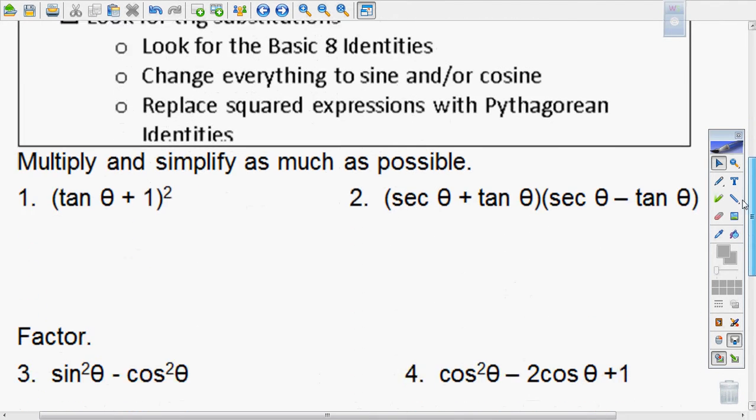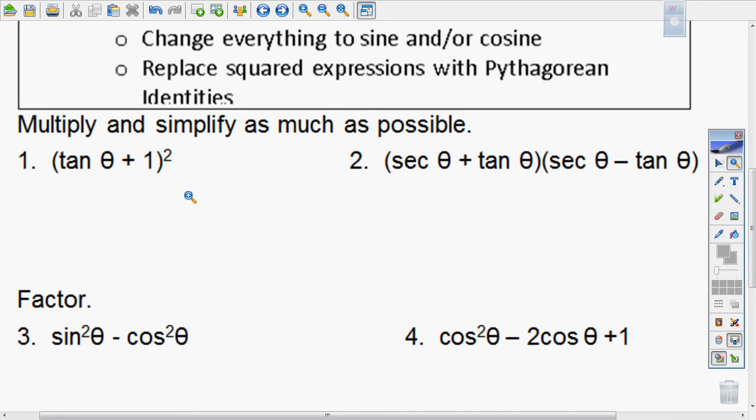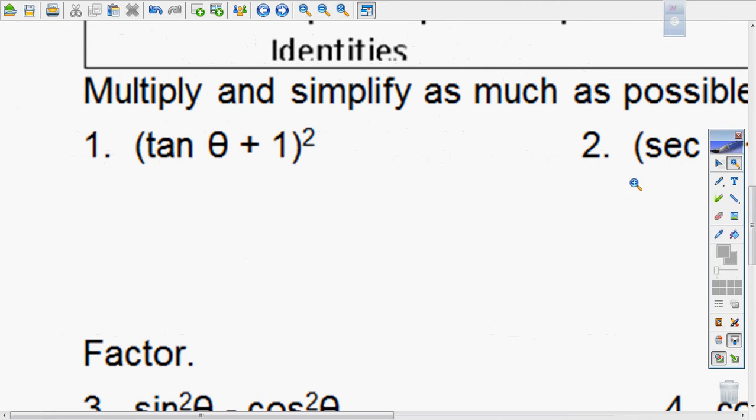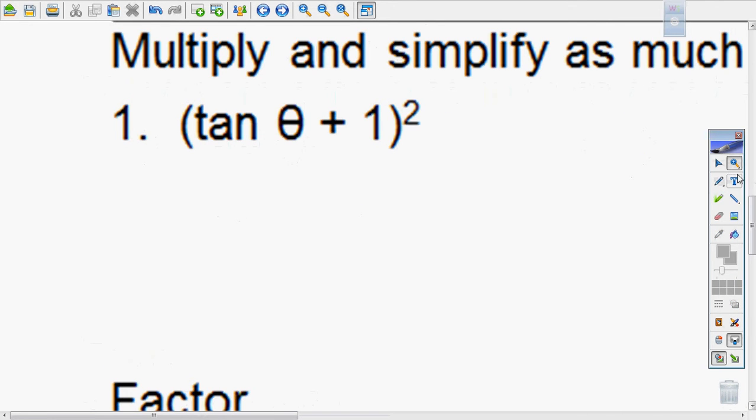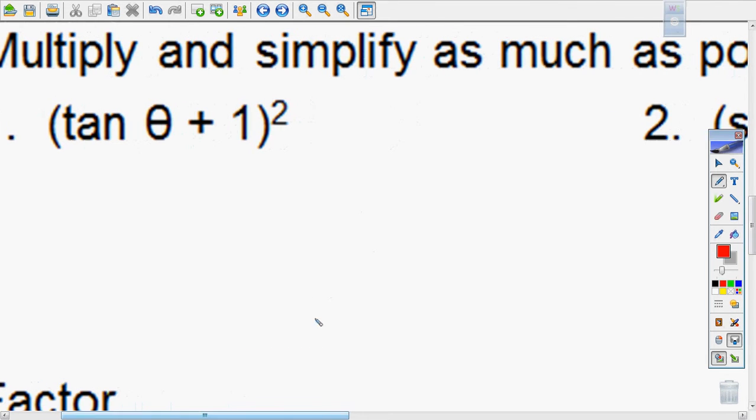So we're going to do number 1. The first thing we're going to talk about is the multiplication rule. Bear with me. Before we do the trig, we're going to do an algebra problem like it.